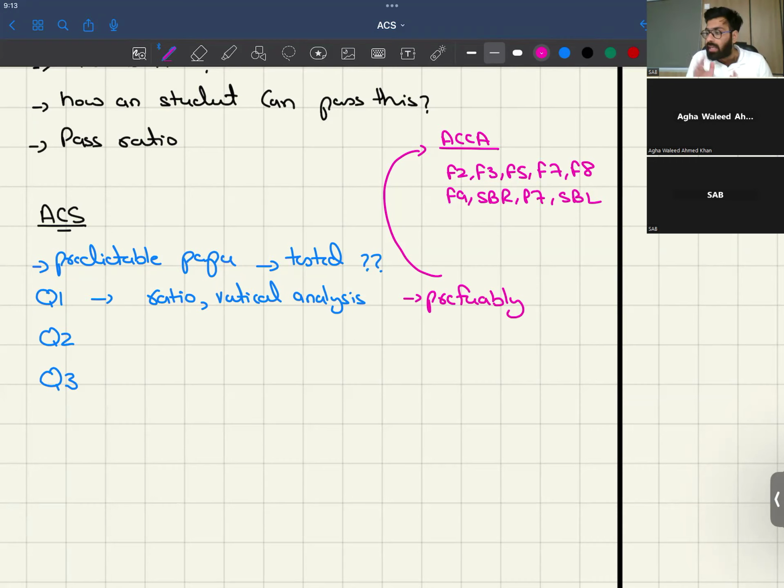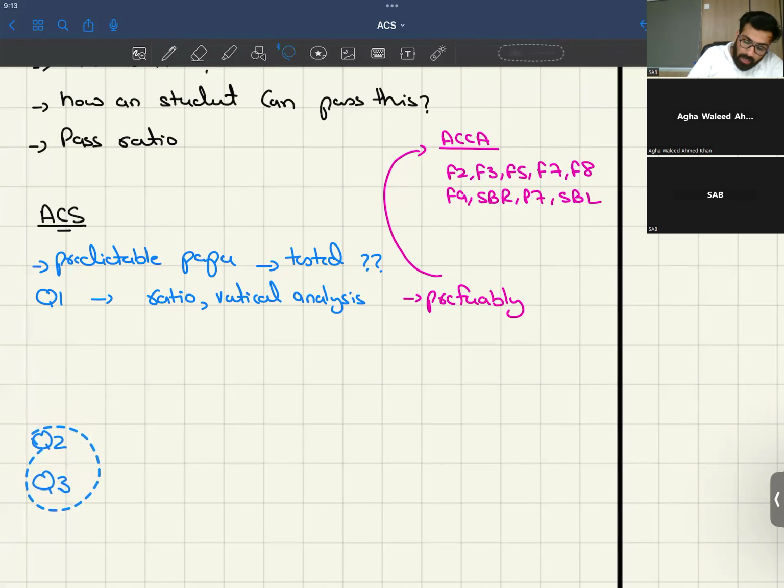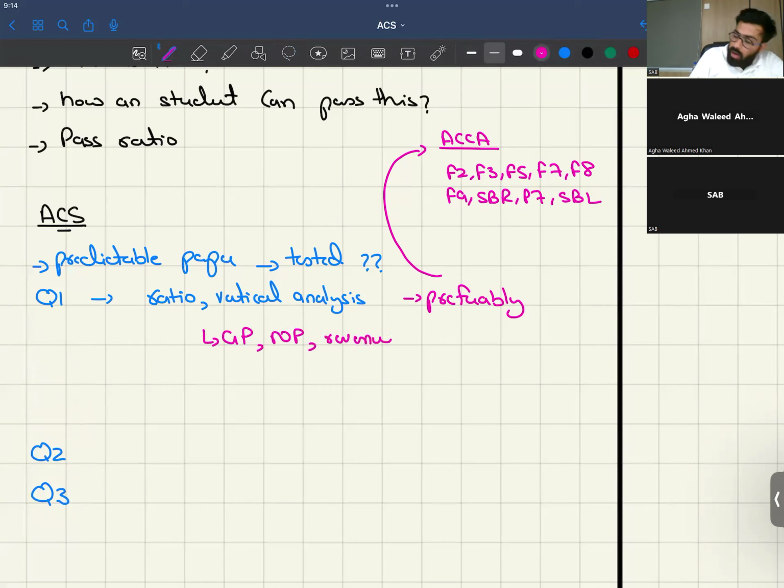In ratio and vertical analysis, in particular detail, you need to analyze GP, net profit and revenue. Similarly, you need to analyze operating profit and the other KPIs as well. So this is the first question of the last paper of chartered accountancy.